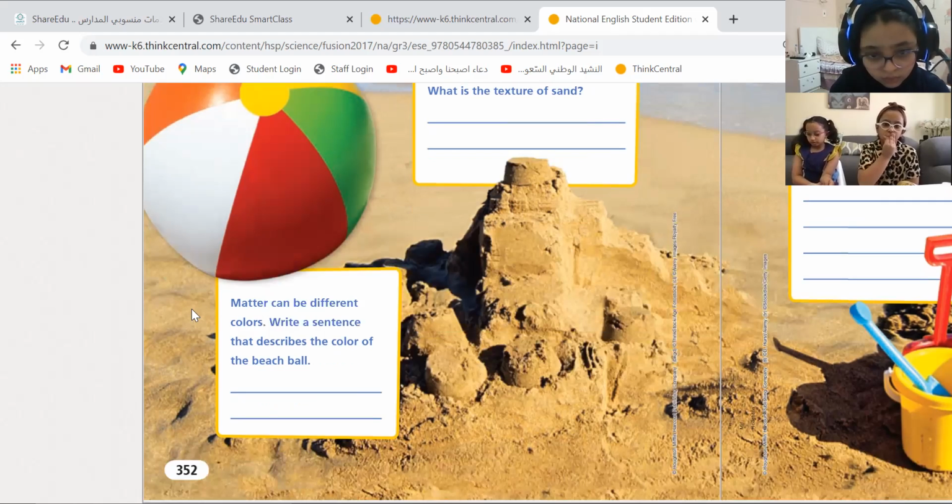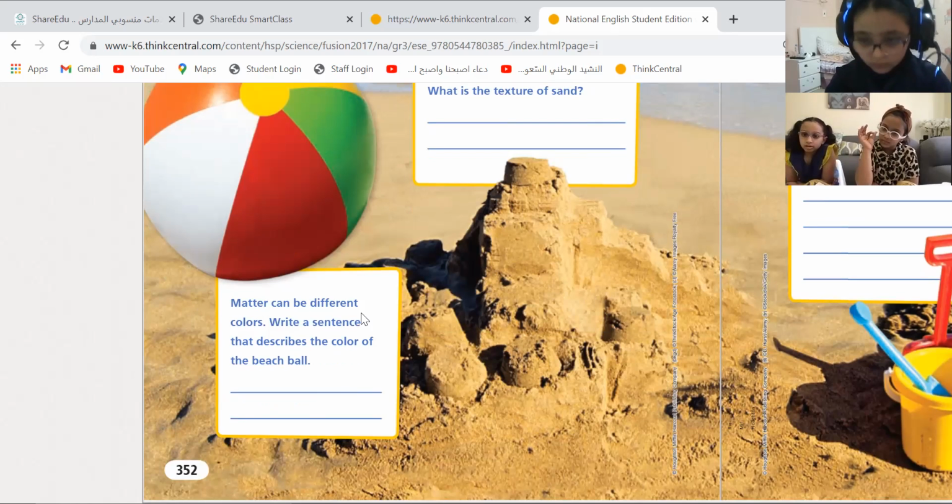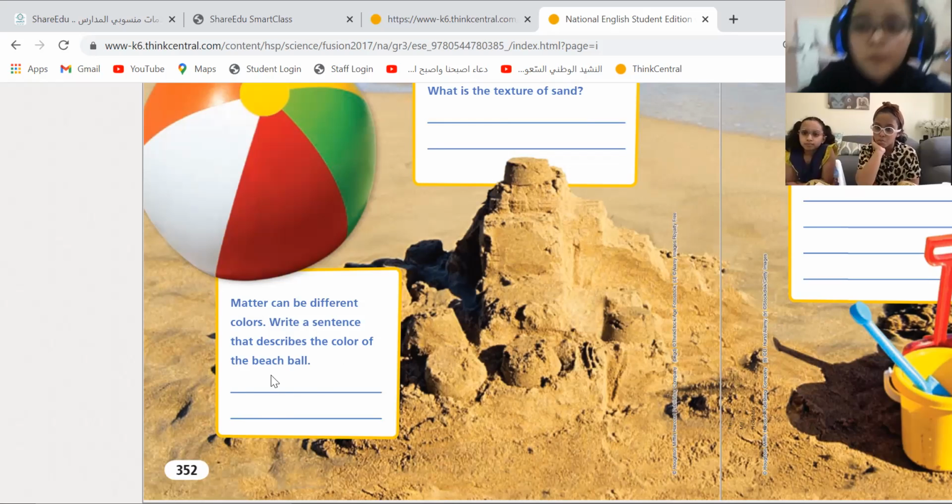So what should we write, ya Fatima, over here? Are you looking at the screen or something else? Miss, I'm looking at the screen, but it takes a long time to write. Matter can be different colors.